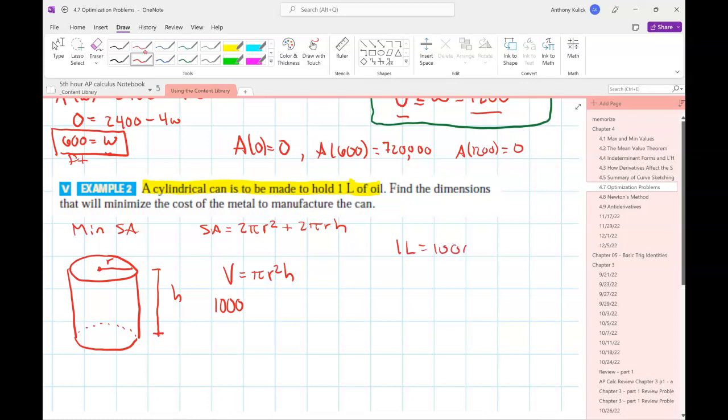Chemists among us might remember that conversion. 1 milliliter is 1 cubic centimeter. If you think about it, a cubic centimeter is just like a little tiny square. That's like about a milliliter.